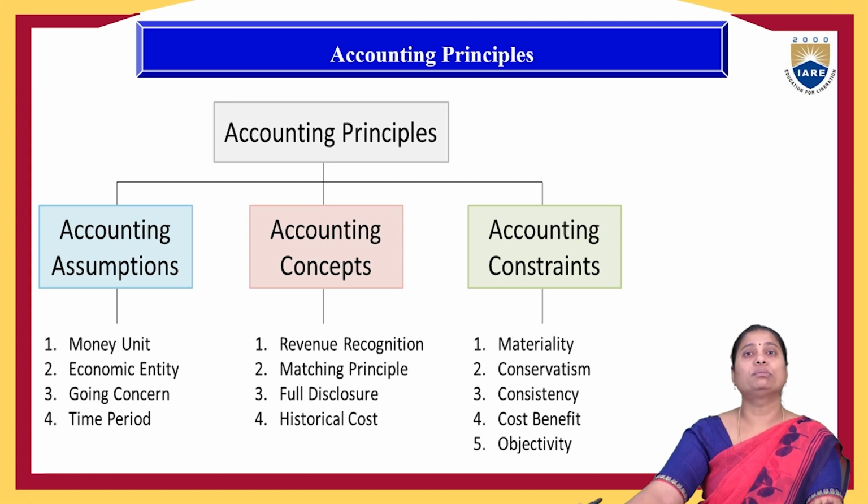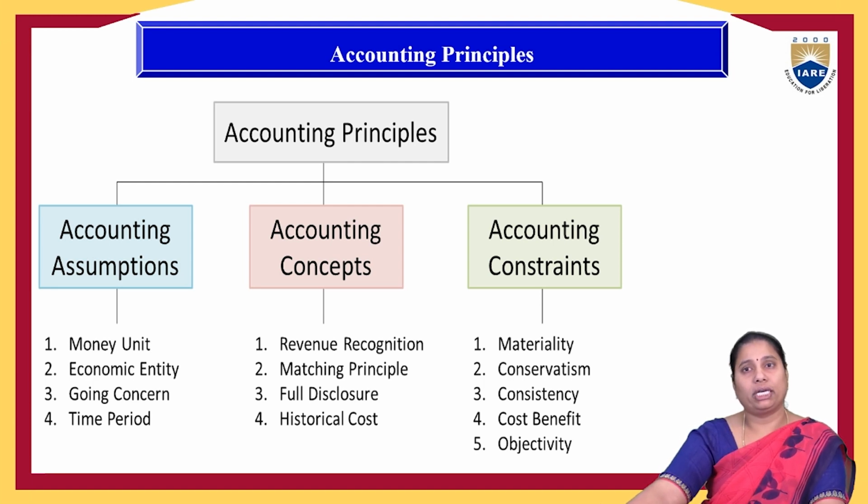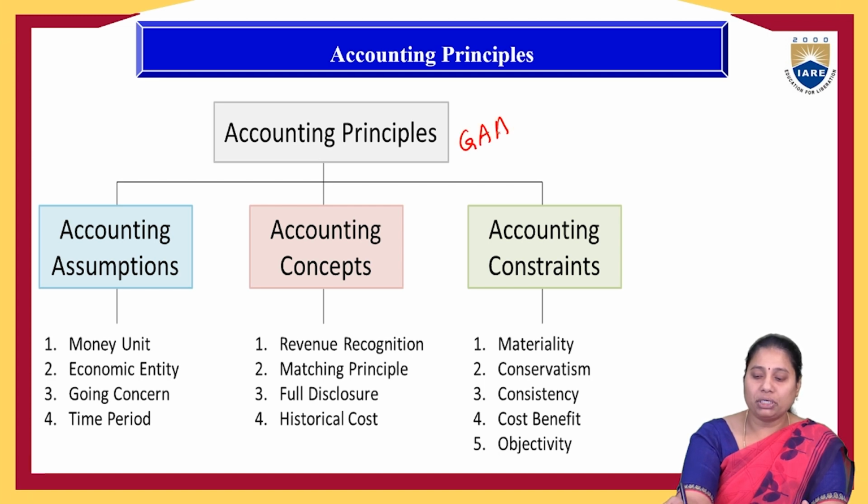Then, this financial accountancy's sustainability mainly depends on these accounting principles. These accounting principles are categorized as accounting assumptions, accounting concepts, accounting conventions and accounting constraints. These are all approved by the GAAP, generally accepted accounting principles.